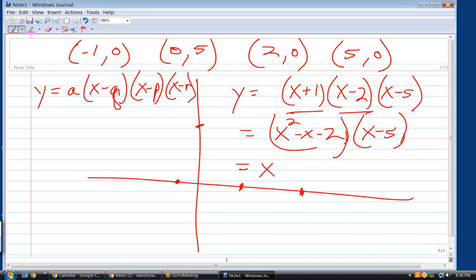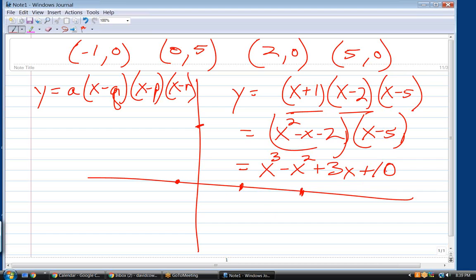X cubed minus x squared minus 3x plus 10. I think it's plus 3x. Oh yeah, plus 3x plus 10. So that's the polynomial we would get if we were just using the 3 x-intercepts.